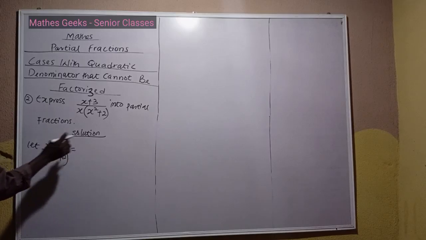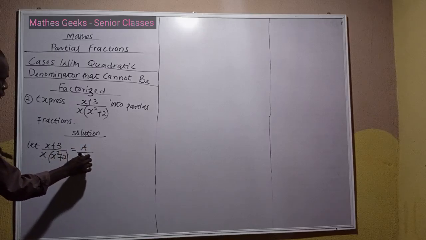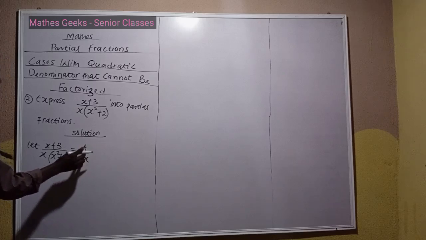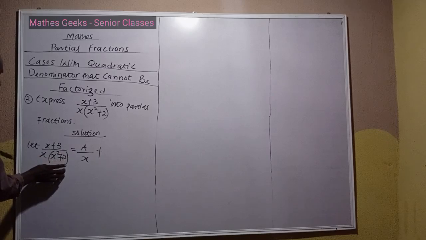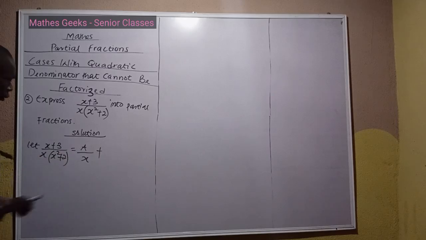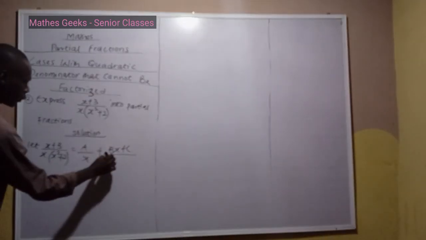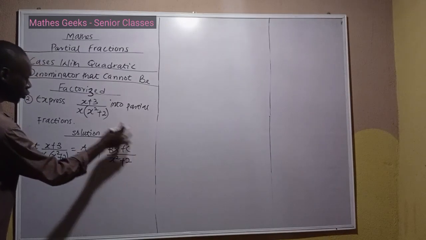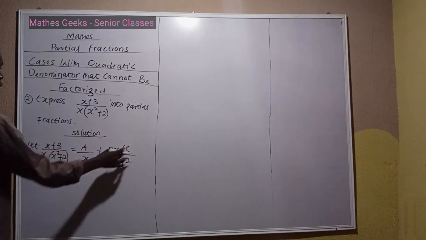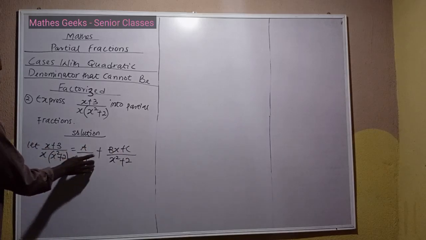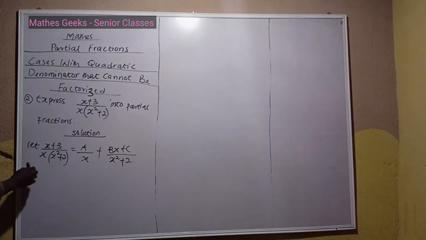So the first factor, which is not a quadratic expression in nature, will have the first part, which is a over x. Then the factor that has the denominator that is a quadratic expression will have bx plus c as the numerator over x squared plus 2. So this is the general form. Generally, the quadratic expression denominator will have bx plus c as the numerator. The part that is linear, which has the highest power as 1, we have a as the numerator. Then you multiply through.